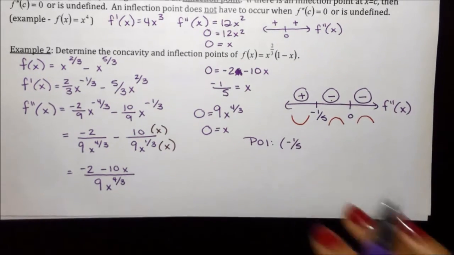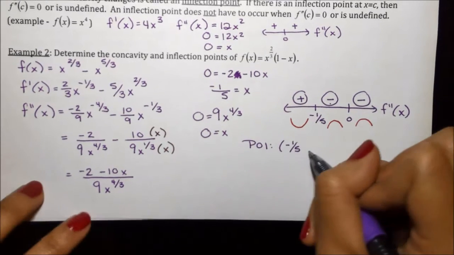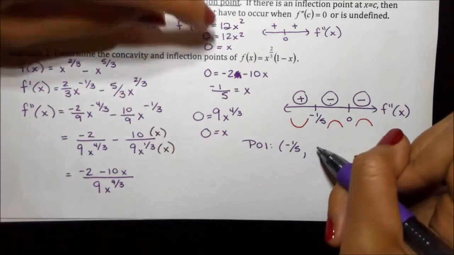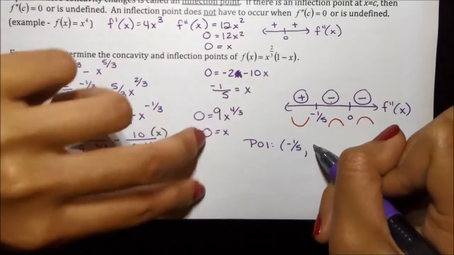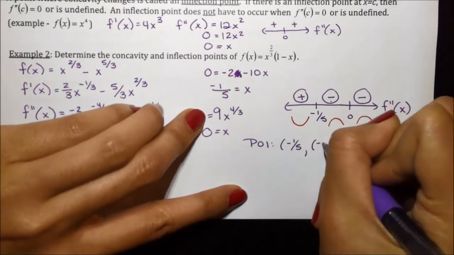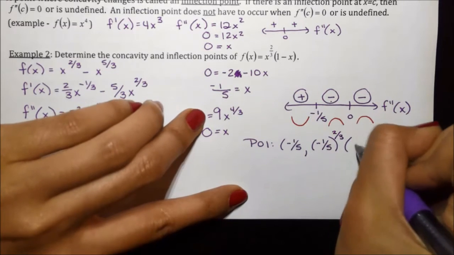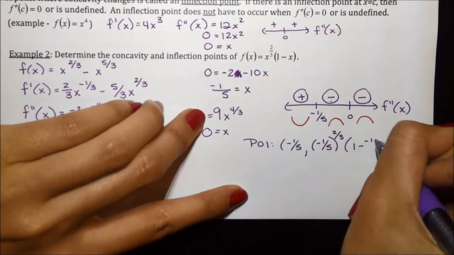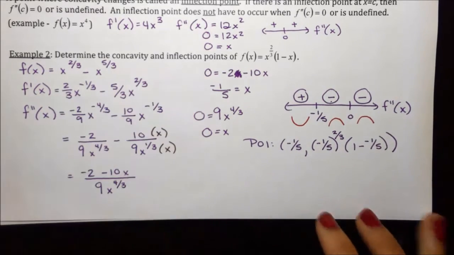Okay, since I need an actual inflection point, I have to find the y value, and you always find the y value by plugging it back into the original equation. And if it's a free response, remember, you don't have to simplify, so we can just plug it straight in and then just leave it. That's our xy point.